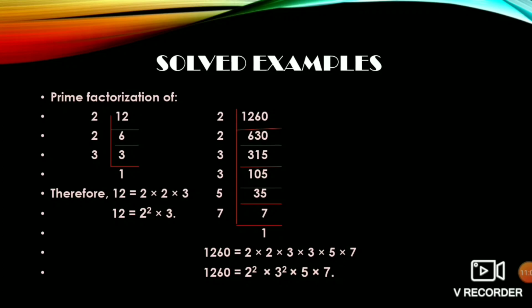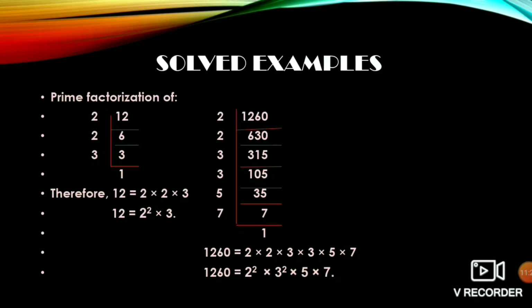In the next example, number 1260 is an even number. So it is divisible by 2. Here you need to keep in mind the divisibility rules also.